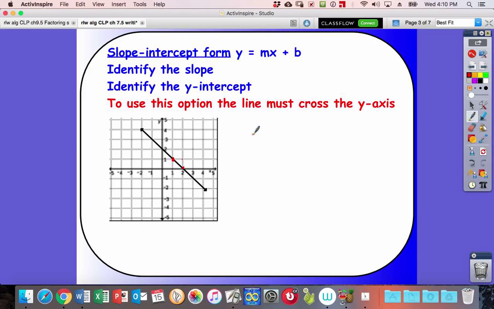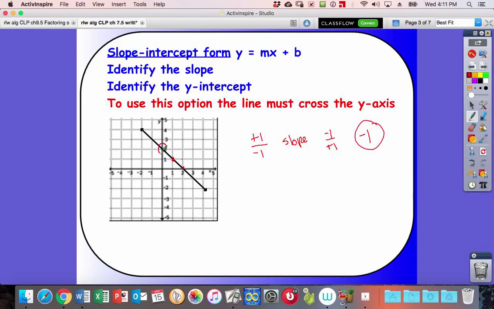Up 1 is positive, left 1 is negative. So my slope is either +1 over -1, or I could go down 1, which is negative, and right 1, which is positive. I'm going to say my slope is -1.